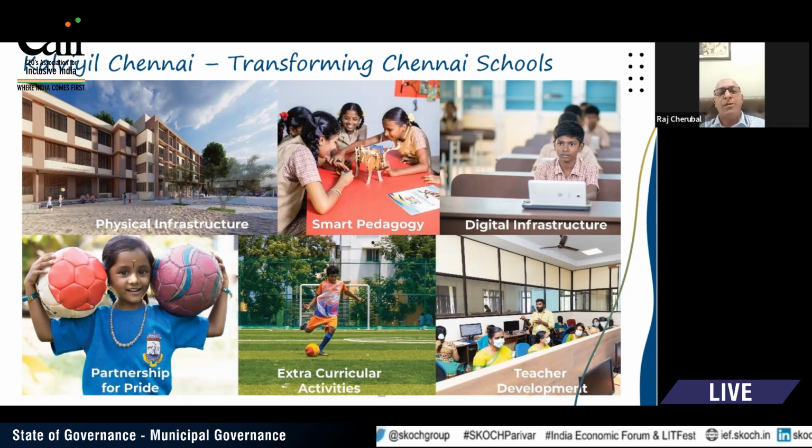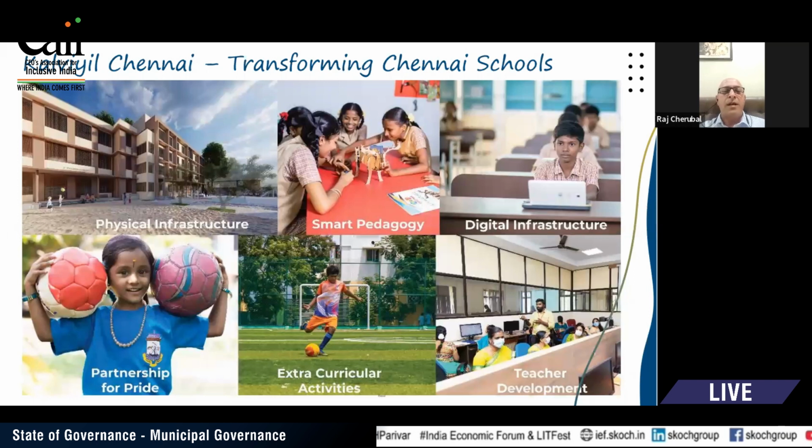But what happens usually is that there'll be some painting done, some small things will be done. But here, as part of the Chennai City Partnership, the Cities Challenge, we proposed a complete 360-degree analysis of the system.